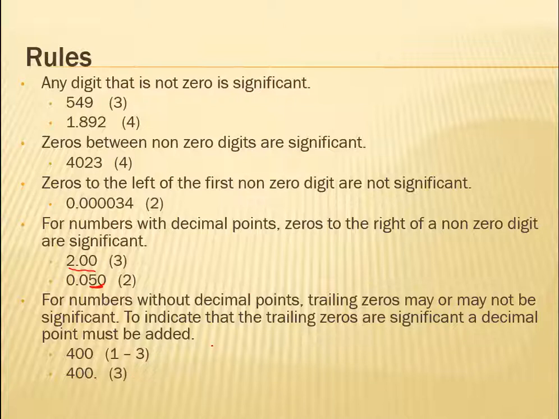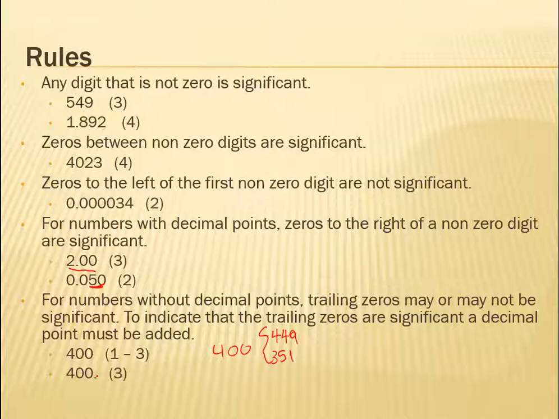So 400 could mean, if I did not include these zeros, that my range could include things like 449, or as small as 351. This rounds up to 400. This rounds down to 400.